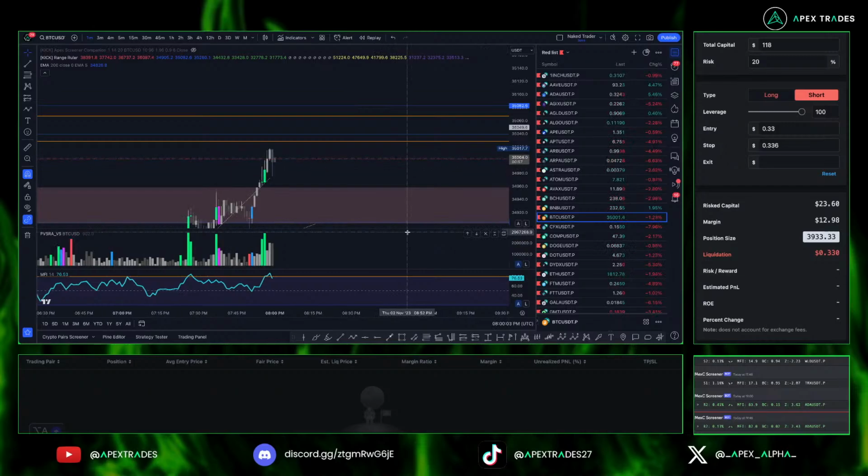Not finished yet though, clearly. Let's have one big rip. One big rippy move. Blast through the strong high. And then come back down.